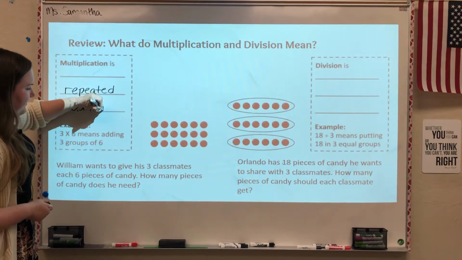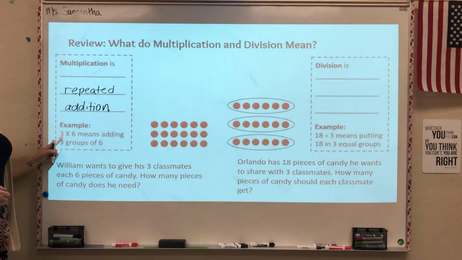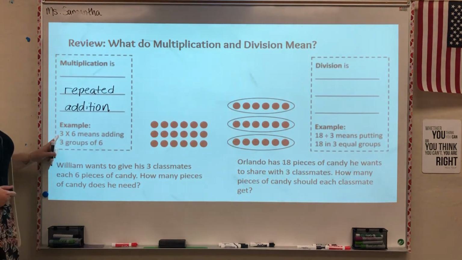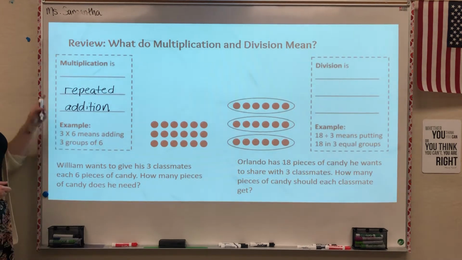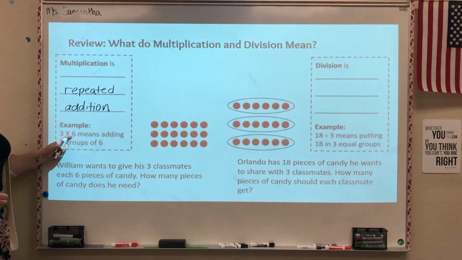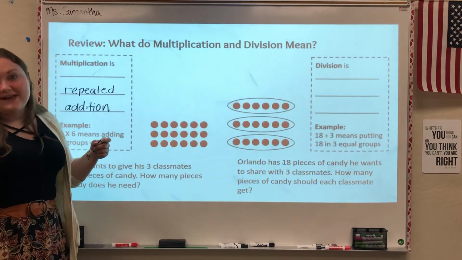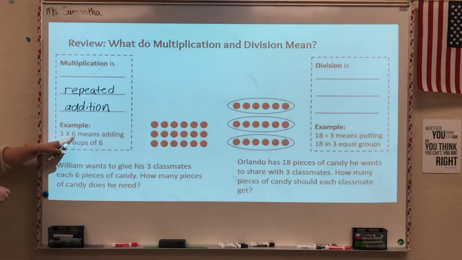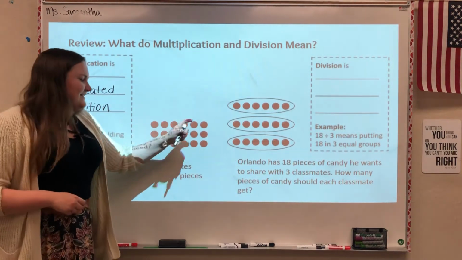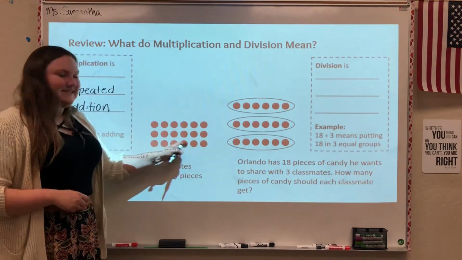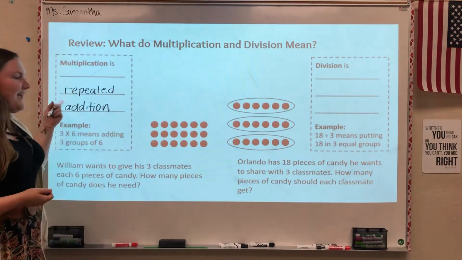If you've got a multiplication problem like 3 times 6, repeated addition means that 3 times 6 is the same idea of adding 3 groups of 6, or adding 6 three times. So 3 times 6 means you're adding 6 plus 6 plus 6, hence repeated addition.